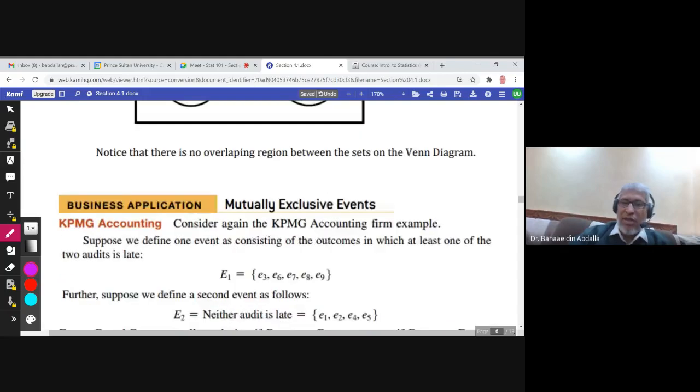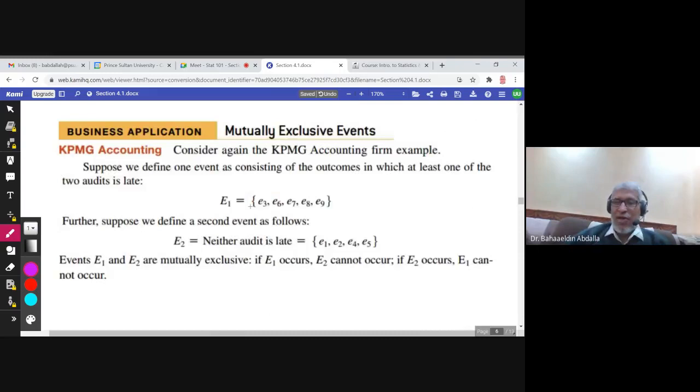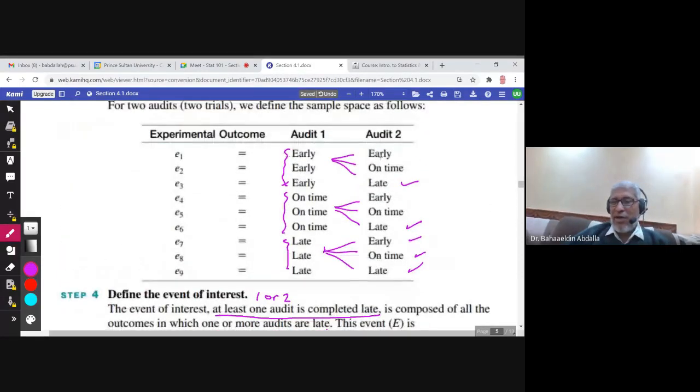And let us take an example. In the previous example of KPMG, we talked about this event, which is at least one of the two audits is late. And now we need to define a second event. Neither audit is late. Neither audit is late means no late. Early, early; early, on time; on time, early; on time, on time.